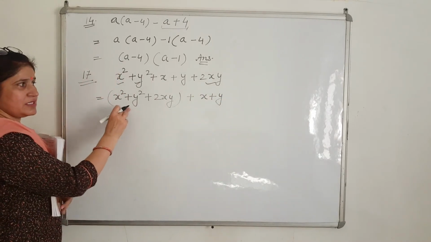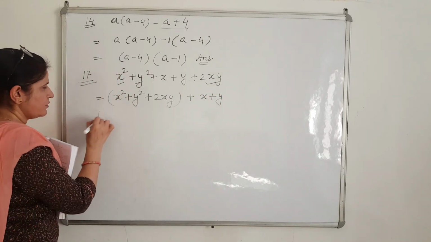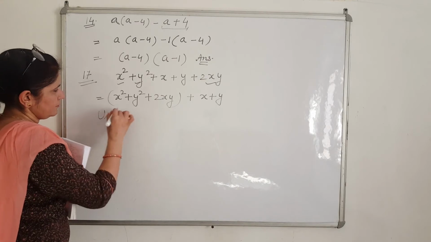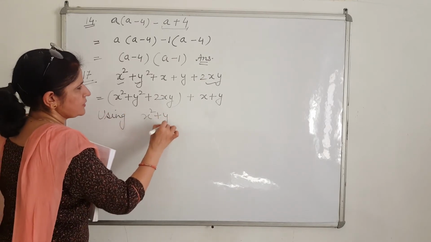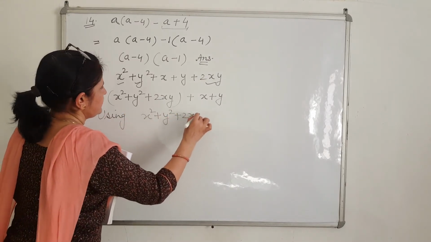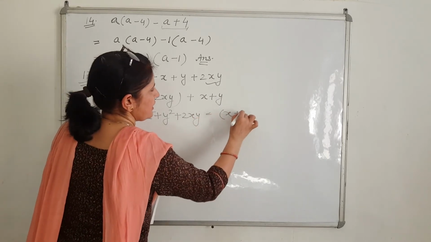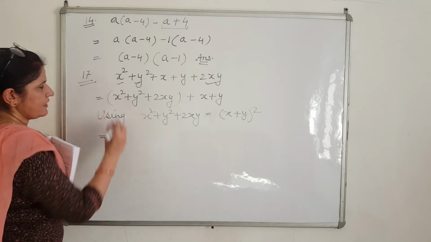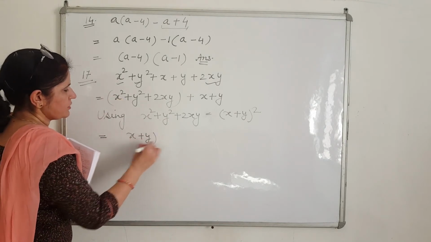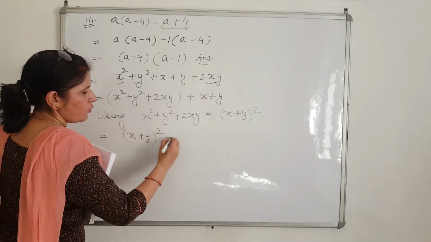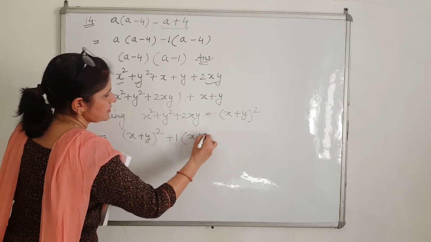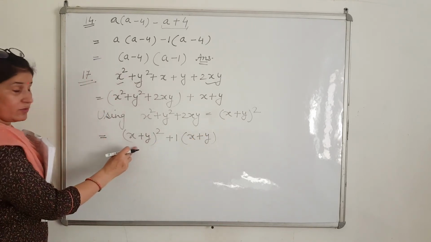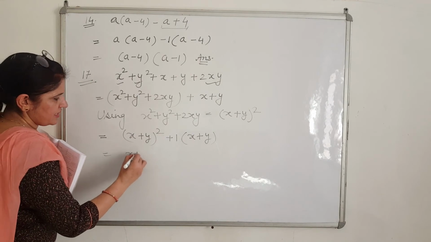Now we know this identity: x² + y² + 2xy is equal to (x + y)². This identity we will follow here. So what will we get? (x + y)². From here 1 is common, x + y. Now further x + y is common.